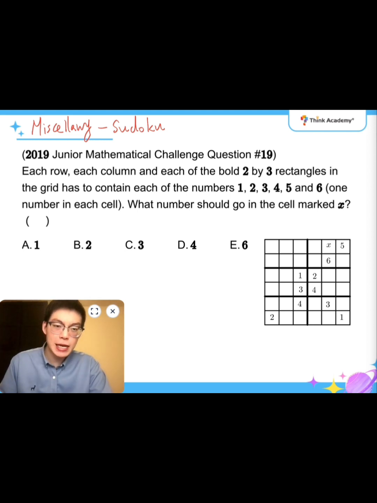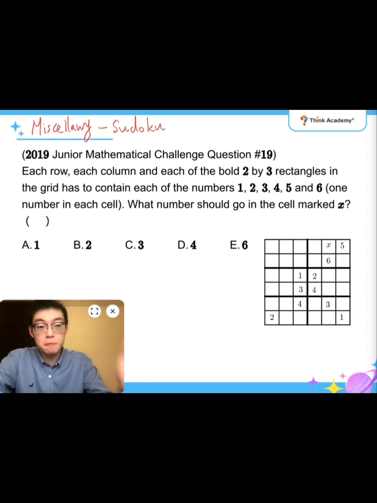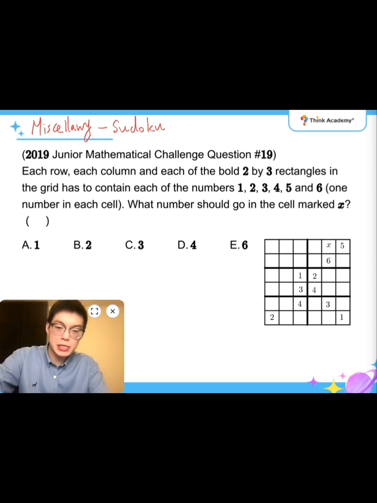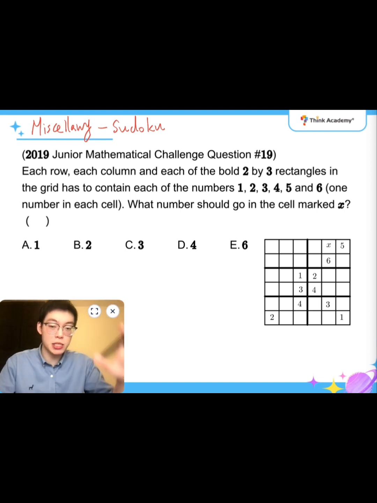It says that each row, each column, and each 2x3 rectangle must contain all the numbers 1 to 6 once each. So those are the rules of the Sudoku. You might see that this is a little bit different because it only contains a 6x6 square instead of a 9x9 square, like the regular Sudoku we might have been used to. But how we do it is the same.